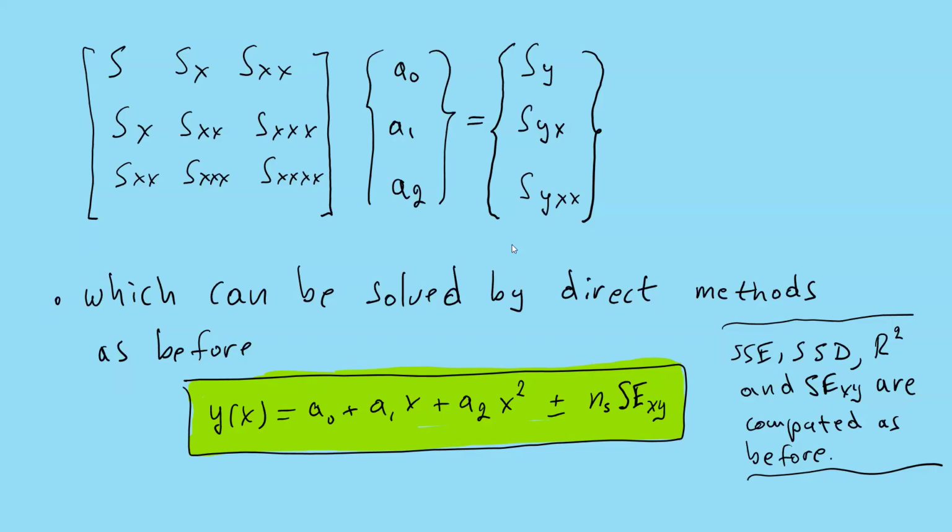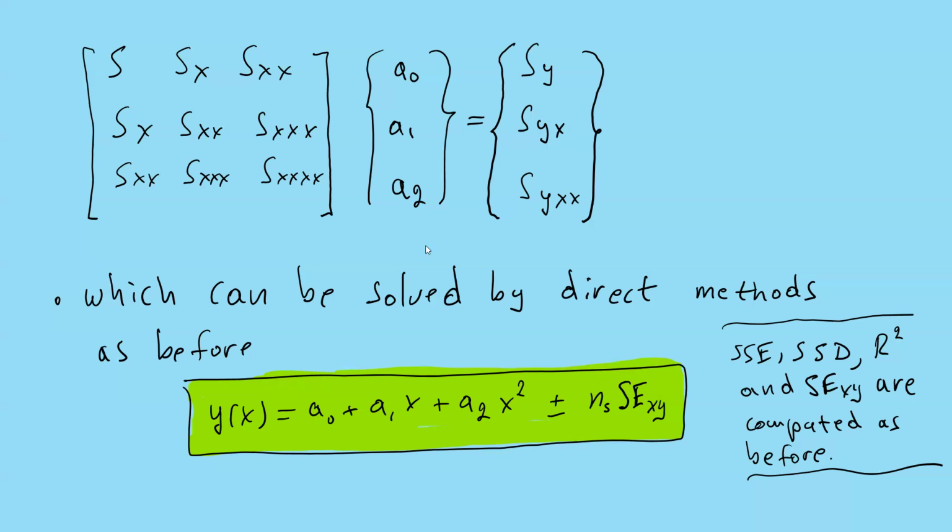And this is the right hand side. Again, we solve these three equations, this system of equations, by a direct method and find these three coefficients. And then we measure the R square and standard error.